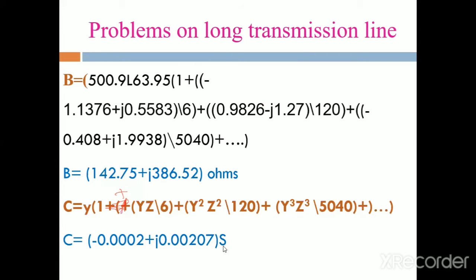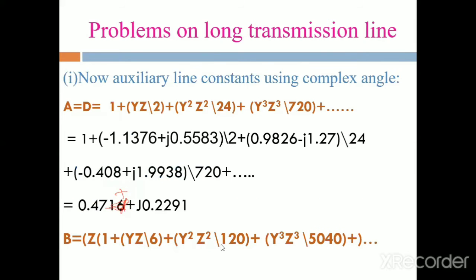Okay, these are the values for A, B, C, D in the case of a long transmission line by using the complex angle method.